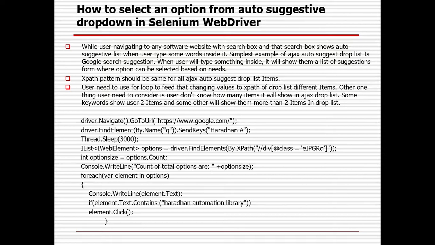After that, with the help of the find elements method, you can get the list of options displayed and store it in an IList interface. You can get the count. If you want to print all the options, you can use a for each loop, and if you want to select a sub option, you can use an if loop and click on the element. That's how you can handle list of options from an auto-suggestive drop down in Selenium WebDriver with the help of C hash.